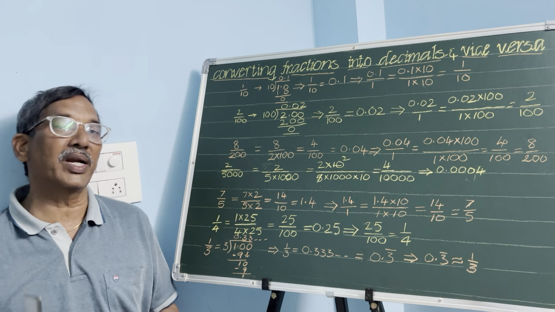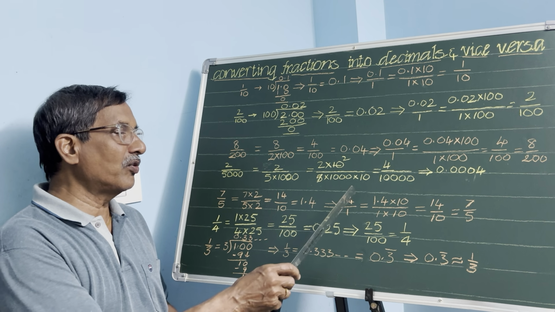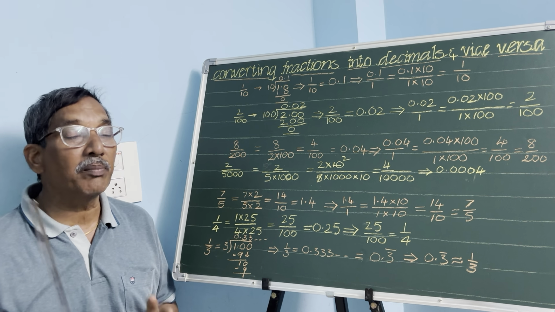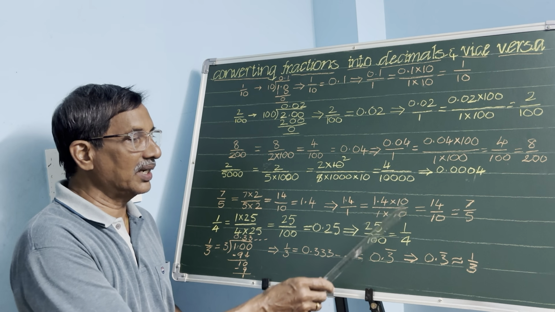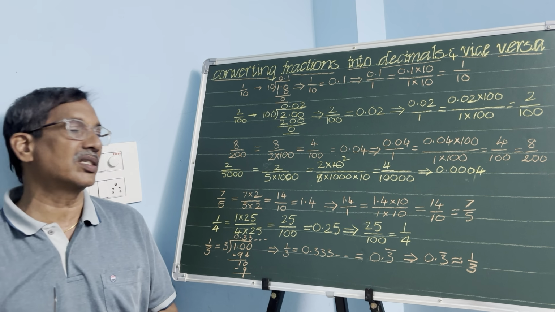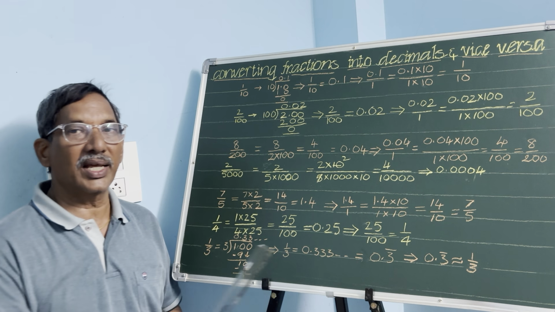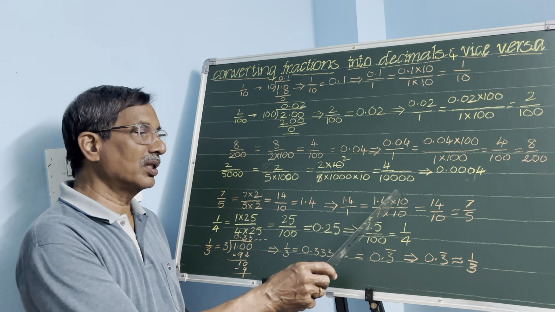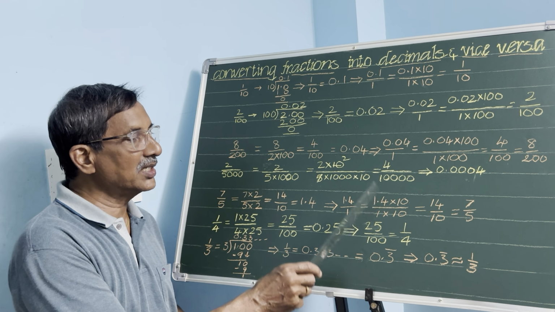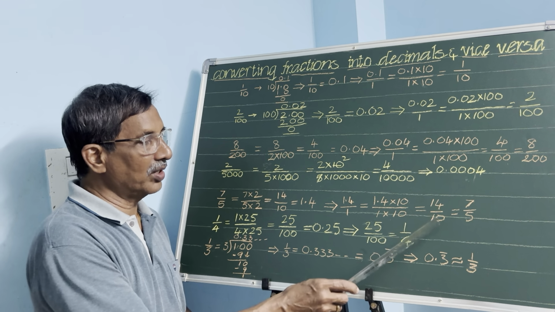Now let us convert the decimal fraction 1.4 into a normal fraction. So 1.4 is the same as 1.4 by 1, and we multiply both the numerator and the denominator by 10. 1.4 into 10 by 1 into 10. We know that 1.4 into 10 is the same as 14, because there is one zero in the multiplier, and the decimal point moves one place towards the right side, and it becomes 14, and 14 over 10.